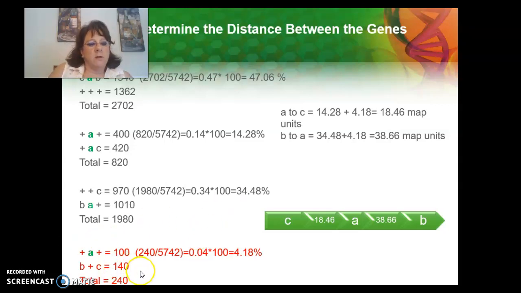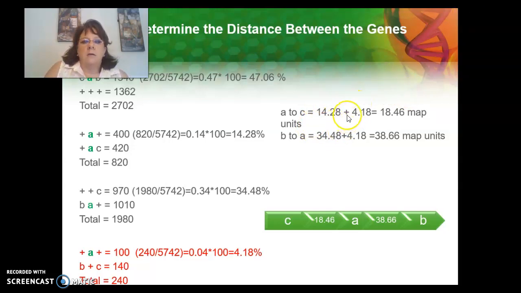For the double crossover plus A plus, we come up with a total of 240 divided by the 5,742, which comes to 0.04 times 100, giving us 4.18%. A to C equals 14.28.